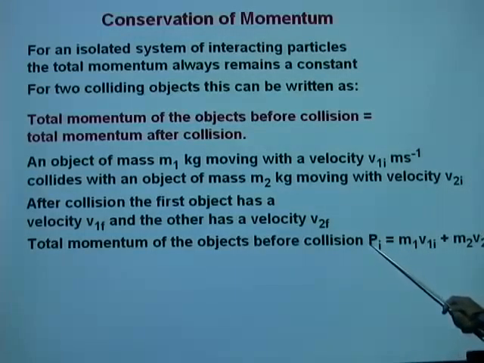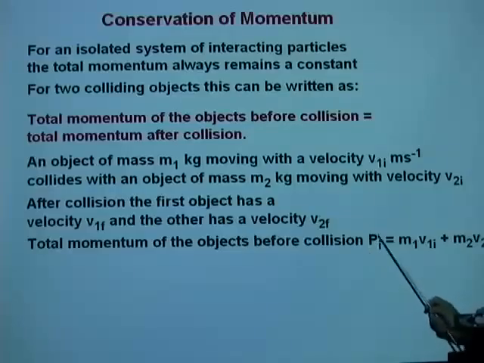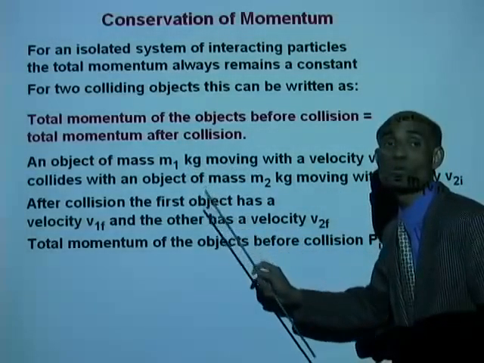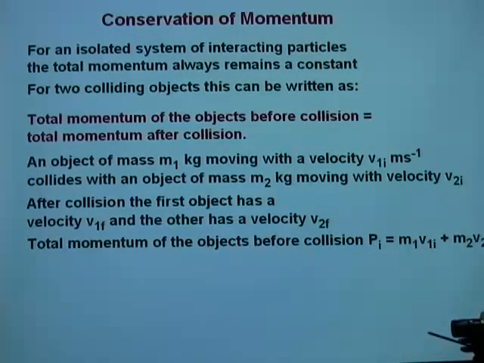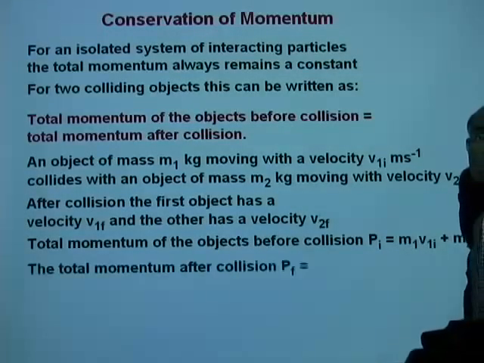Therefore, the total momentum of the two objects before collision, Pi, is m1 v1I plus m2 v2I. I don't know whether you can see this m2 v2I on the screen. If not, you need to write it down. So the initial momentum of these two objects, Pi, is m1 v1I plus m2 v2I.